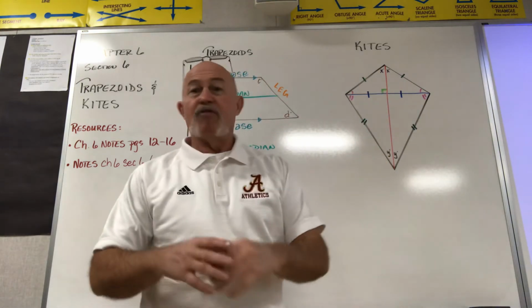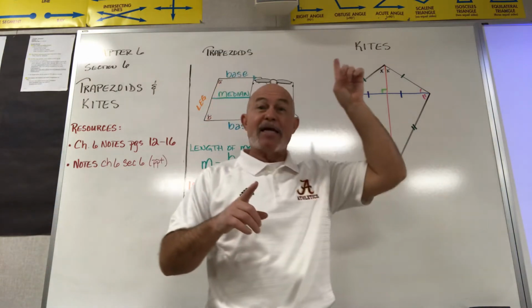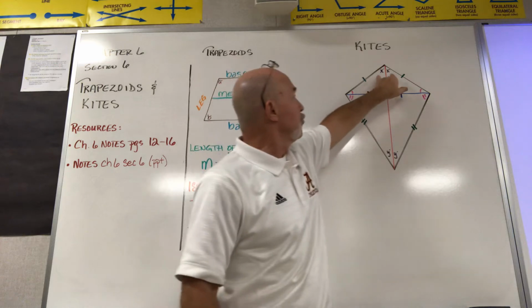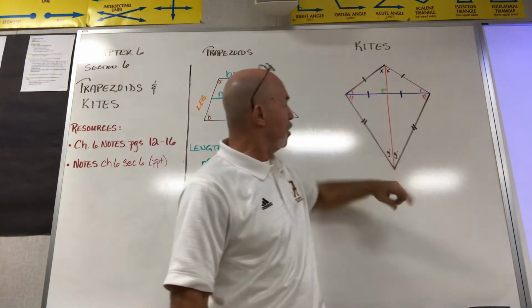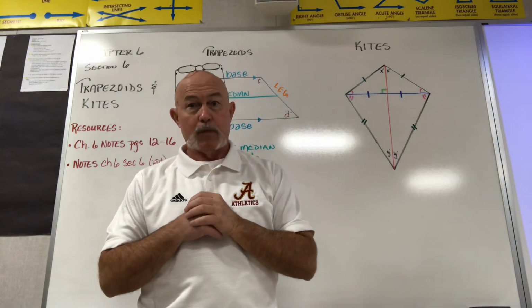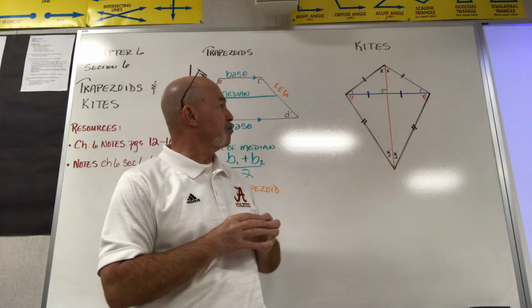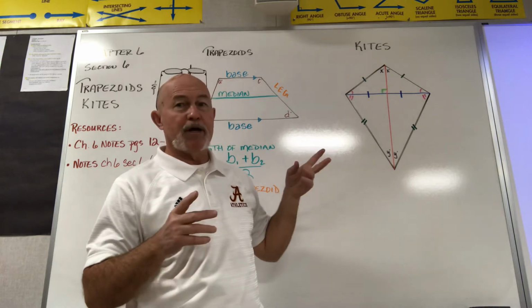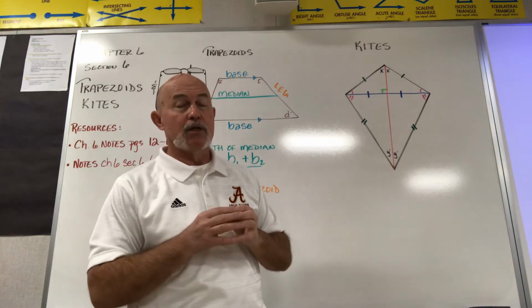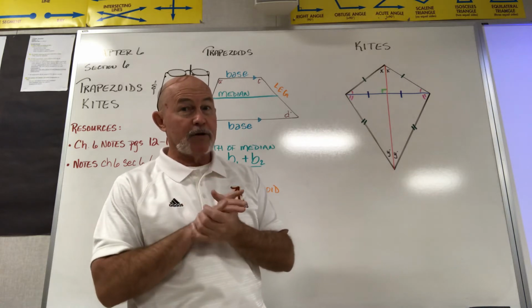The diagonal that is not cut in half does bisect the angles. So these two angles are equal, and these two angles are equal. It's a lot to remember there. Just remember: two pairs of equal sides, diagonals perpendicular to each other.